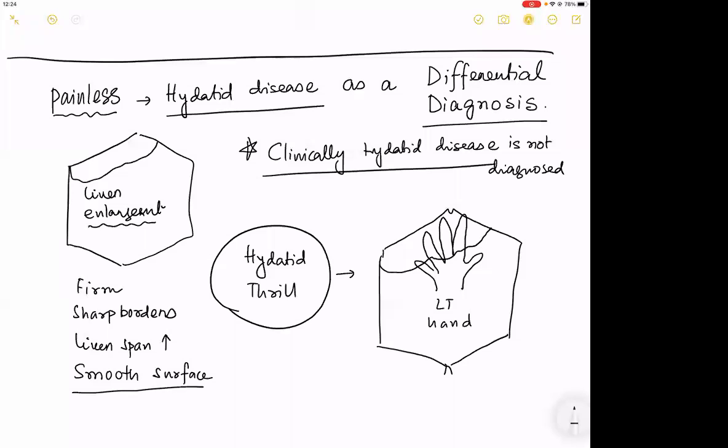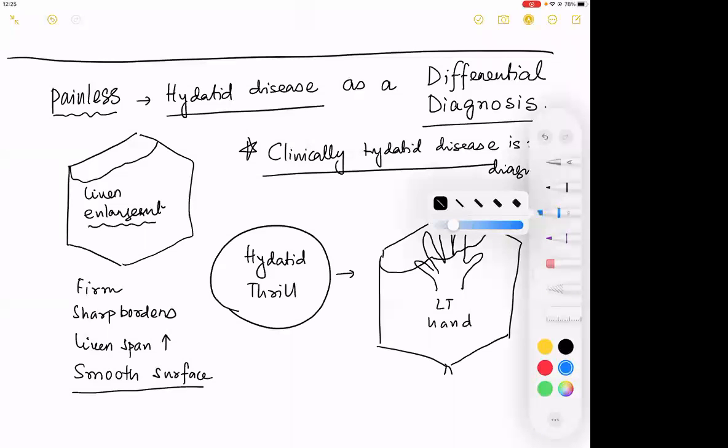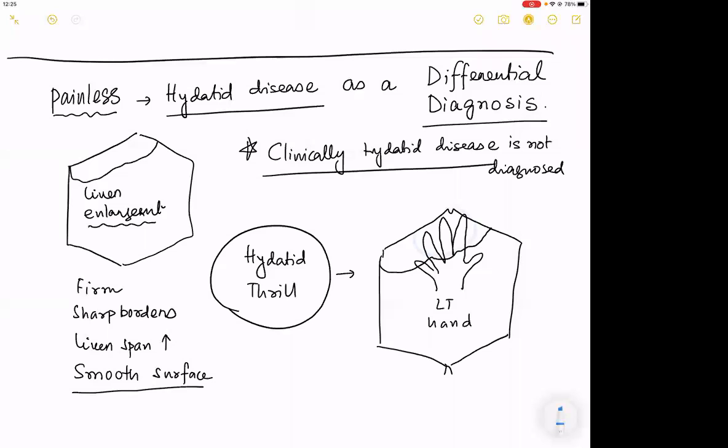Hydatid thrill is a very rare thing that we have seen with so many years of clinical experience with hydatid. To elicit a hydatid thrill, the first thing that you require is a localized liver swelling, which is very difficult to appreciate, whether it is localized or generalized. And then you place your left hand.